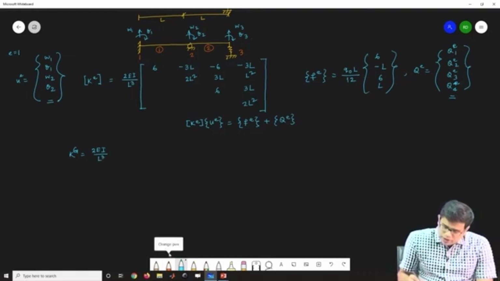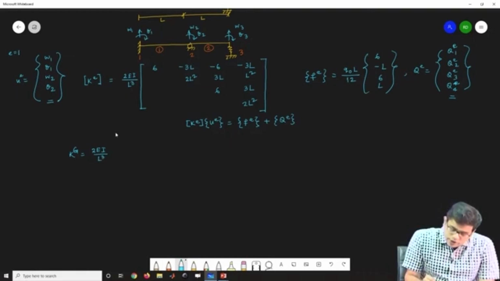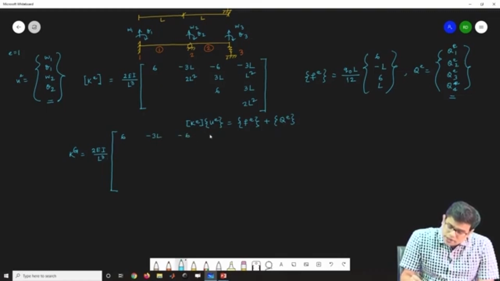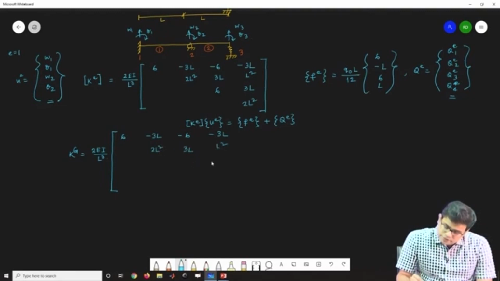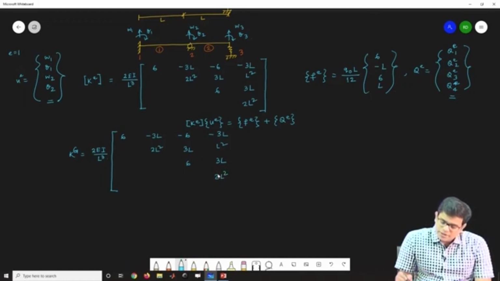So now if I write it, then this is 6, minus 3L, then minus 6, then minus 3L, then this is 2L square, 3L, L square, then 6, then 3L and 2L square. This is the contribution from the first element.